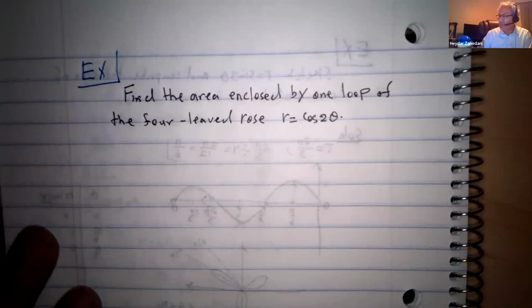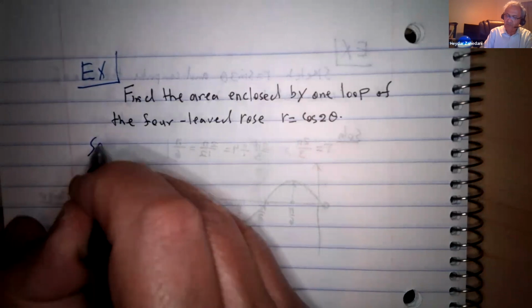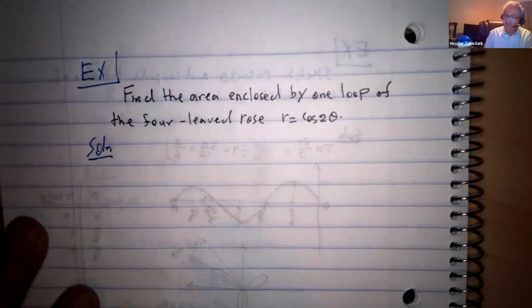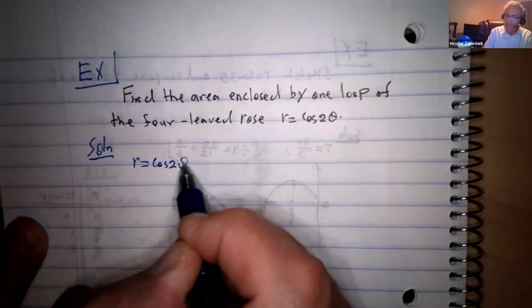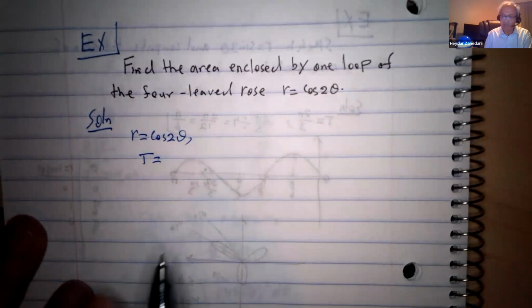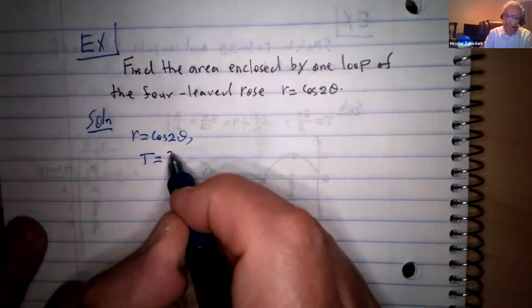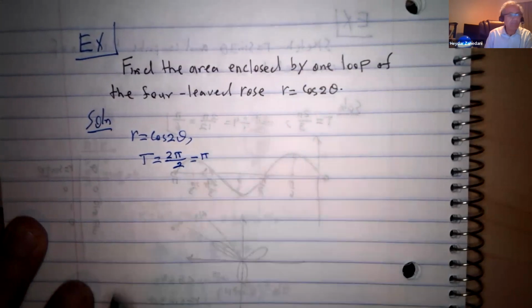Again, you can use some ideas from your trigonometric functions. So the solution is going to be, if you want to get a quick one, find the period. Now, it's also polar coordinates. The period of a cosine is 2 pi. You divide it by 2, that gives you pi.